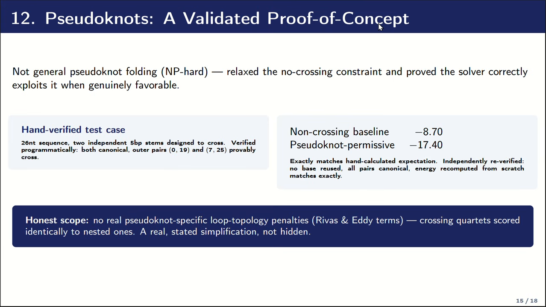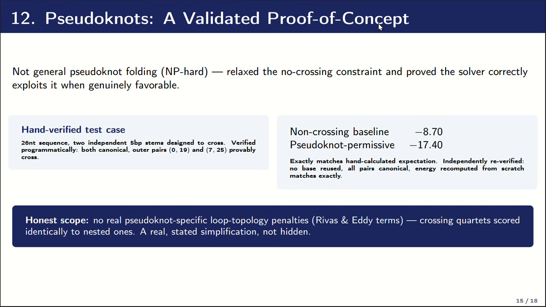Pseudoknots. Crossing base pairs are excluded by the base model. General pseudoknot folding is NP-hard, so I didn't attempt that. What I did do: relax the no-crossing constraint and prove the solver correctly exploits it when a crossing structure is genuinely favorable. I hand-built a test sequence with two independent stems, specifically designed so that they have to cross to both be used, verified programmatically, not by eye.